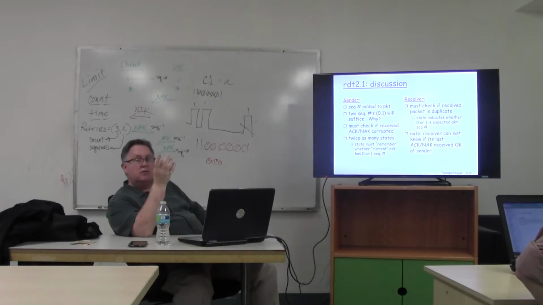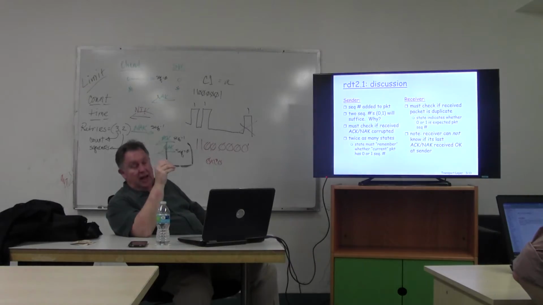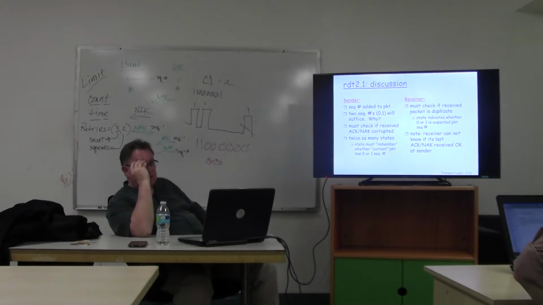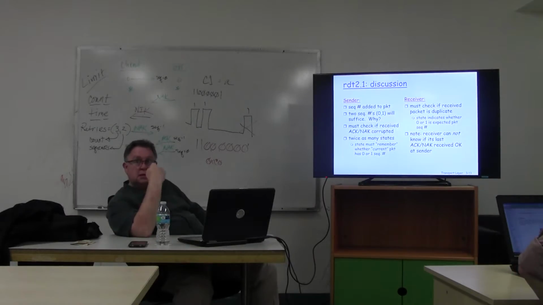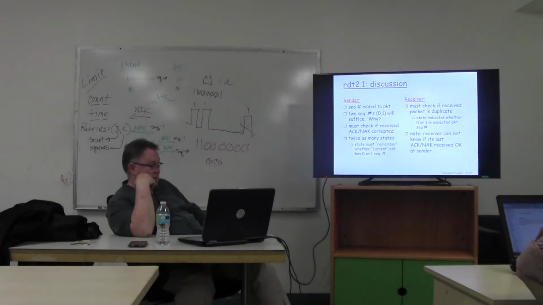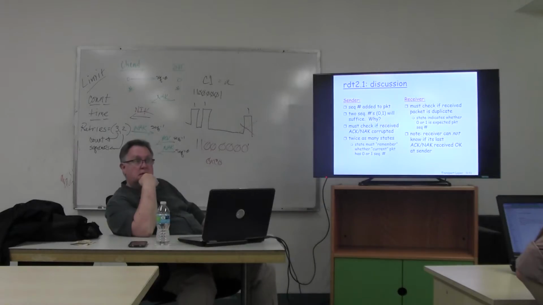As far as the data is concerned, the data is only flowing one way, from sender to receiver. Information flows back the other way in the form of ACKs or NACKs, but there's no data per se. Does that make sense?